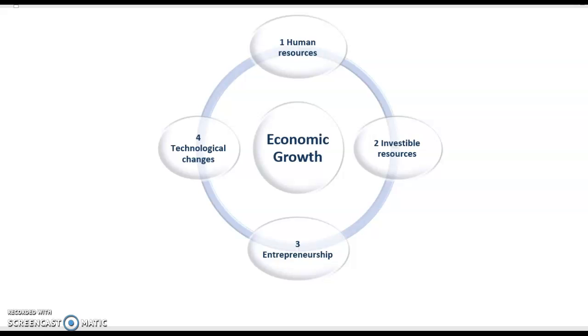The first one, human resources. Here, human beings have 2 basic needs: the spiritual need, which is faith or belief in the one God, and also the physical needs, where we want to optimize the resources, an efficient labor force that possesses professional competence, skills, and morals.